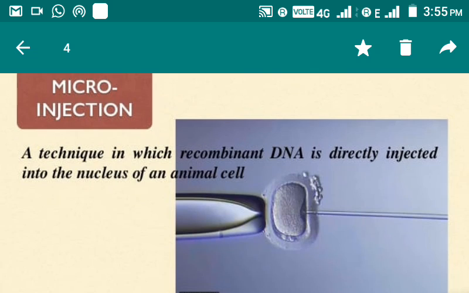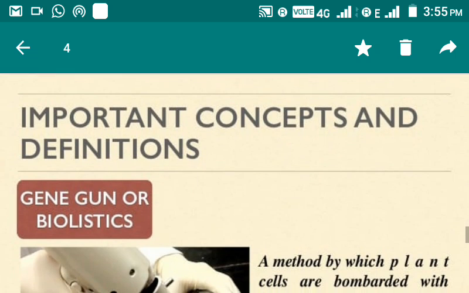So a very minute and thin needle is used to insert into the animal cell so that we can transfer the gene of interest.